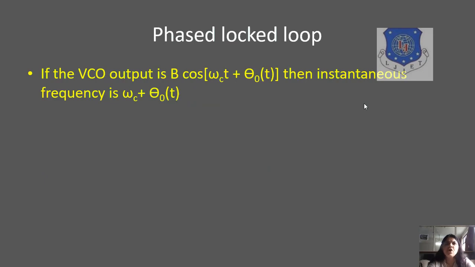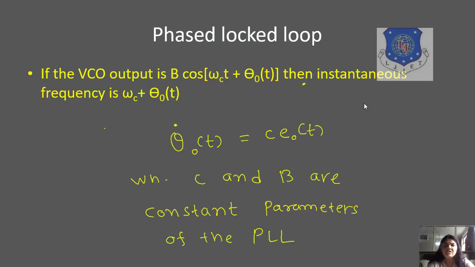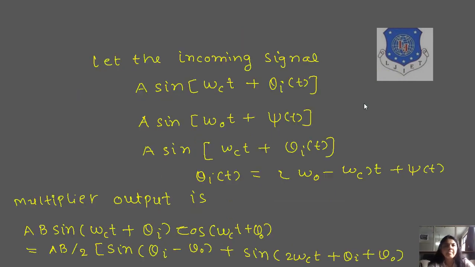So the VCO output is B cos(omega_c t + theta_0(t)), and the instantaneous frequency is omega_c plus theta_0'(t). So theta_0'(t) is equal to c E0(t), where c and B are the constant parameters of the PLL.